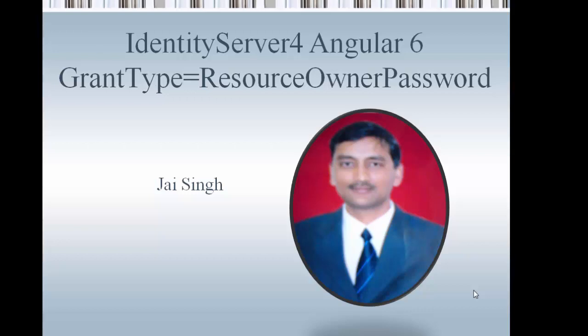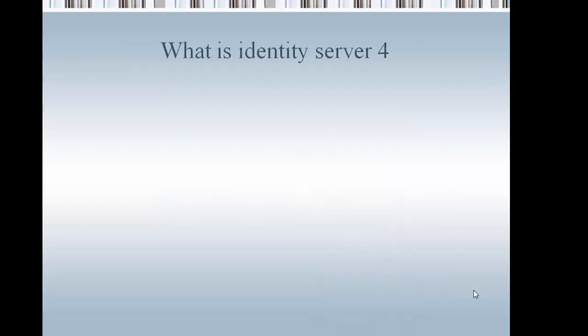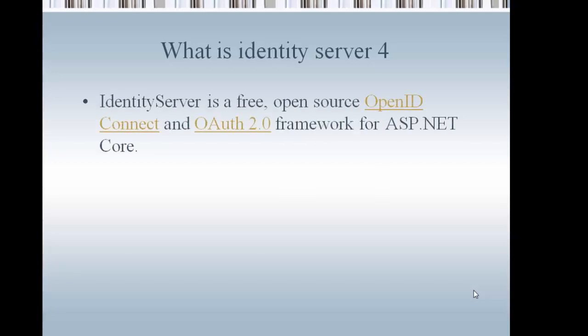Identity Server 4 will validate the user credential and send the response to the client as a token. Client will store the token at the client end and then send the next request to the resource, means the web API or any other resource, for fetching the information from there.